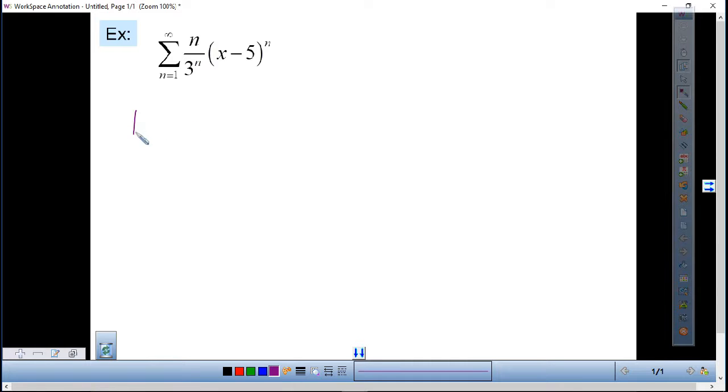Now remember, for the ratio test, you're going to take the limit as n approaches infinity of a sub n plus 1 divided by a sub n. In this case, that's going to give us the limit as n approaches infinity. For n plus 1, we're just going to take everywhere we've got an n and put an n plus 1.